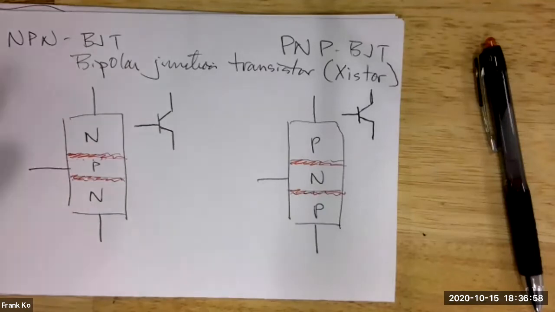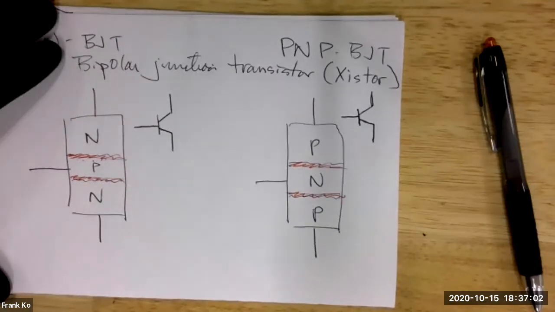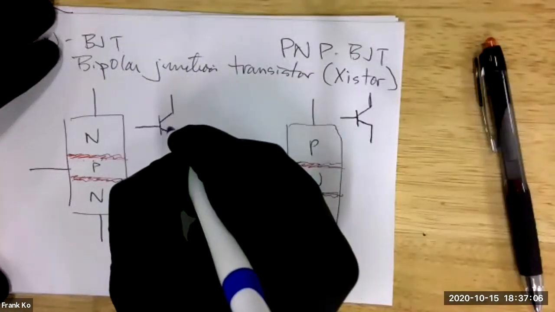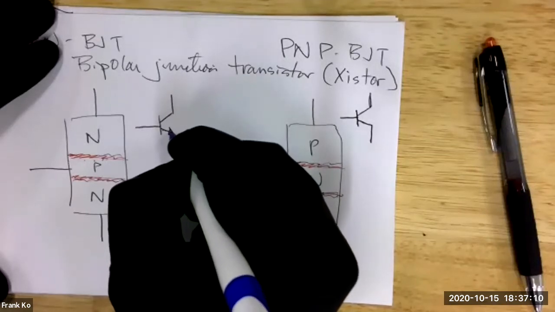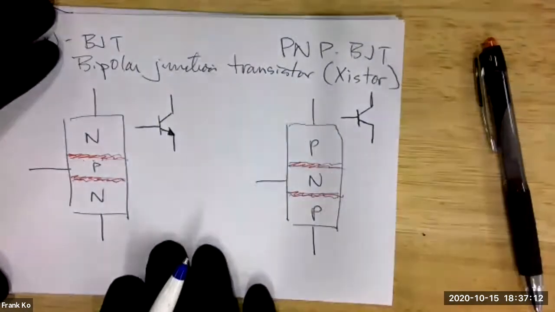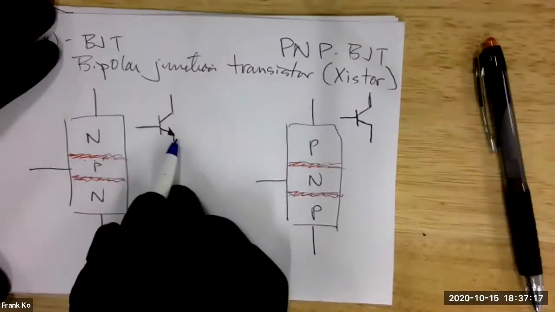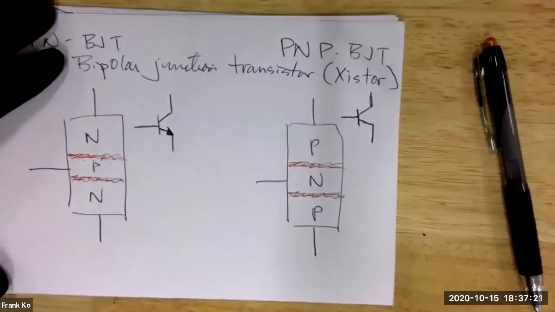This is very important. This will help you differentiate what's going on in the BJT. I'm going to draw an arrow that points to this particular wire. So it's an arrow that points away from the vertical bar towards the vertical bar that's hanging down.